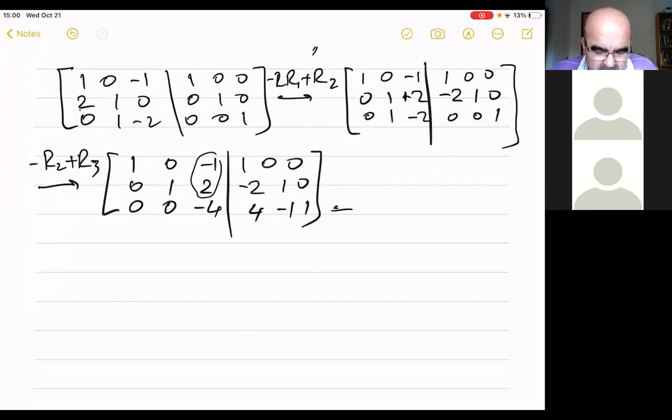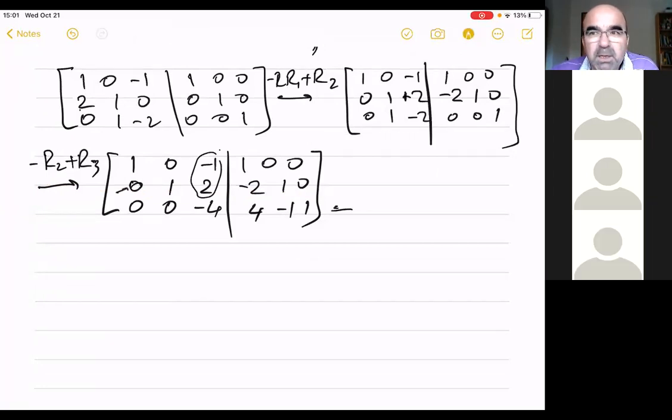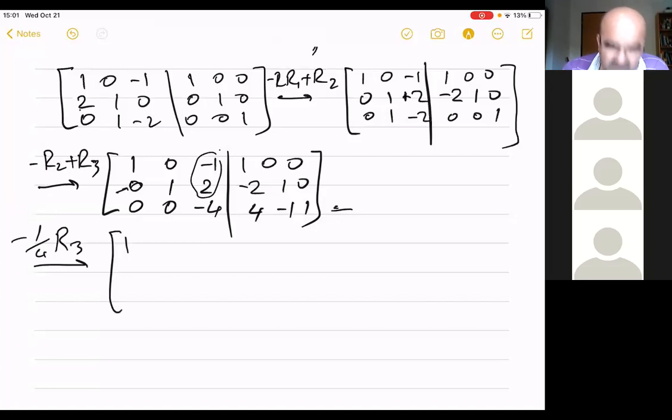So I can multiply the first row by 2 and add it to the second row, but then the first entry 0 will change. So I don't want to do that. Instead, I will use row 3 to make these entries 0. So for this, let's divide row 3 by minus 4.